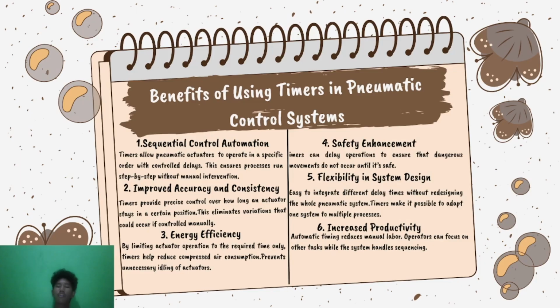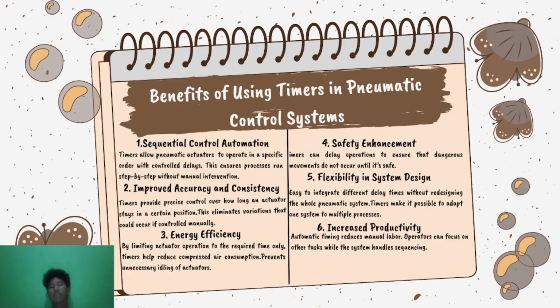Timers can delay operations to ensure that dangerous movements do not occur until it's safe. Number 5, flexibility in system design. It is easy to integrate different delay times without redesigning the whole pneumatic system. Timers make it possible to adapt one system to multiple processes.